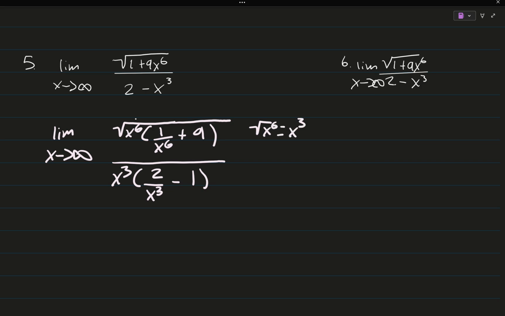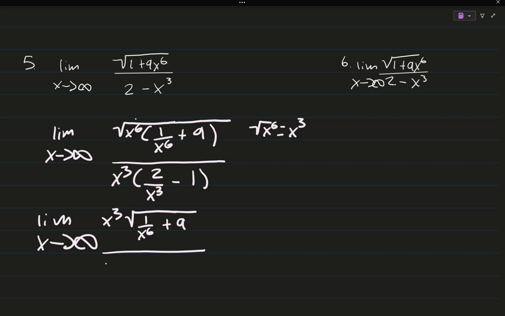So from the limit as x approaches positive infinity of x to the power of 3 times the square root of, that will now leave us 1 over x plus 1 over x to the power of 6 plus 9 over x to the power of 3 over 2 over x to the power of 3 minus 1.